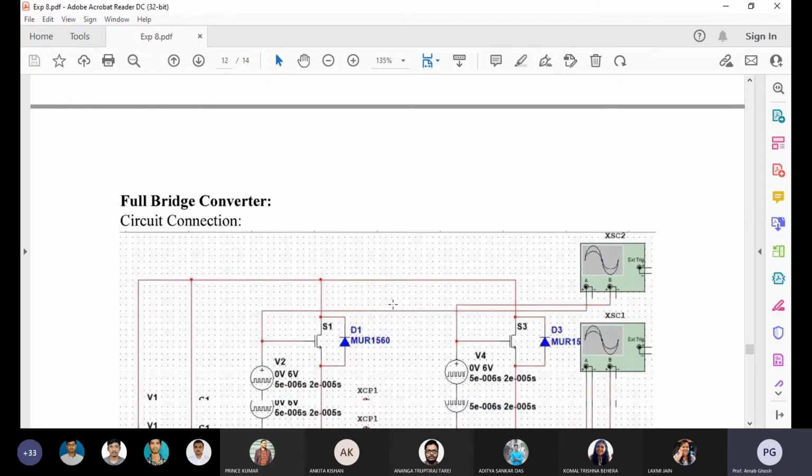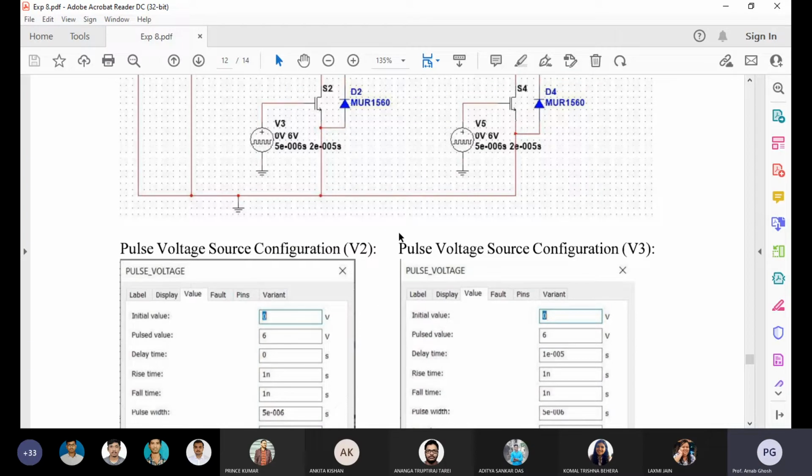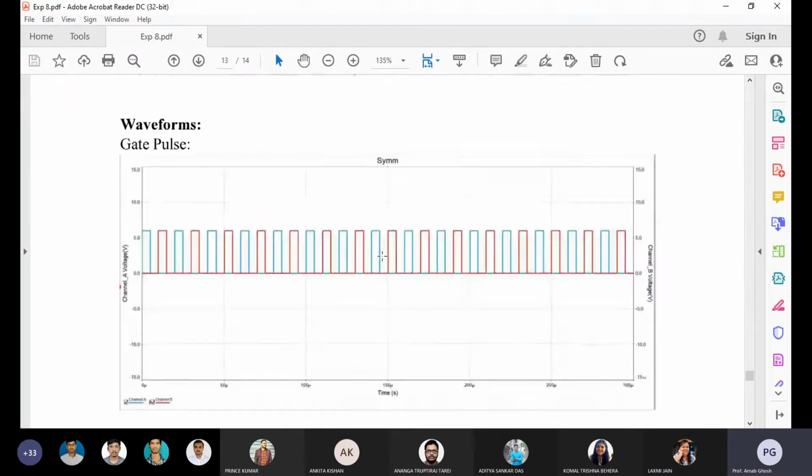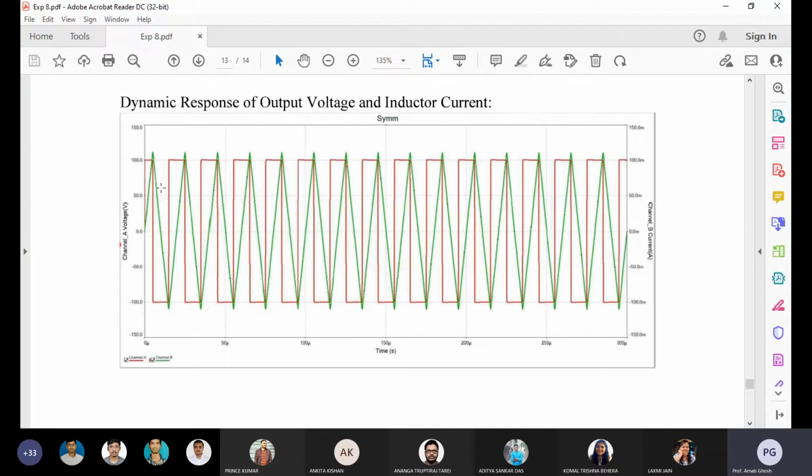Now we can go for the full bridge converter. Both the control switches are there, and we are using RL load. Now it is the waveform of the gate pulse for both the sequences, and current. Current is also varying positive as well as negative. In the asymmetrical bridge, what we have observed is current is varying only in the positive half, but voltage is varying plus 100 to minus 100.